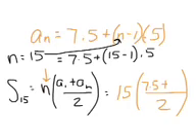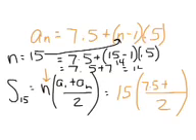So again, remember to use your order of operations. The 15 minus 1 should come first, which would be 14. 14 times 0.5 should be 7. 7.5 plus 7 is 14.5. And that is my 15th term.